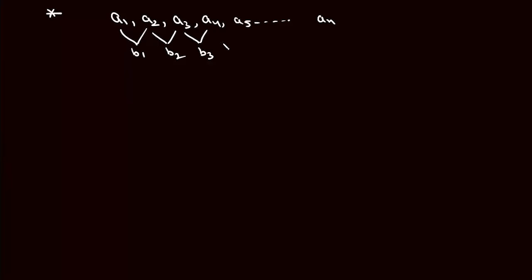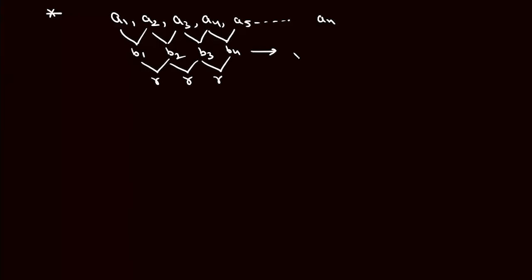Now we have another special sequence where the difference is in GP. So suppose we have this series a1, a2, a3, a4, a5, and an. Now these differences are b1, b2, b3, b4, and their ratio is the same. So b2 upon b1 is r, b3 upon b2 is r, b4 upon b3 is r.